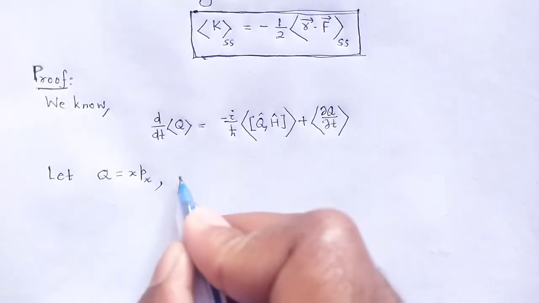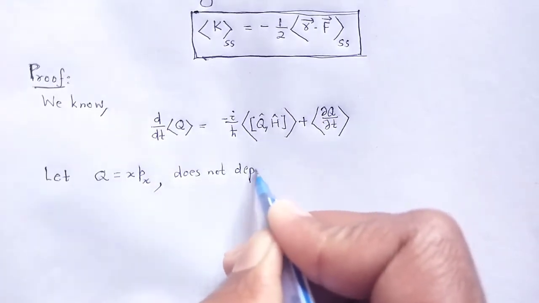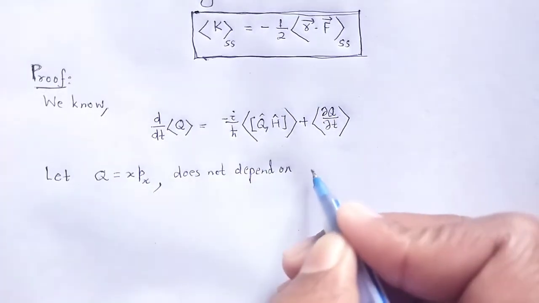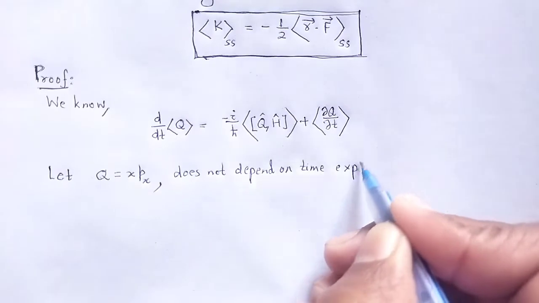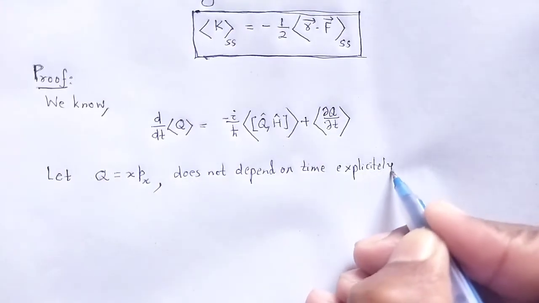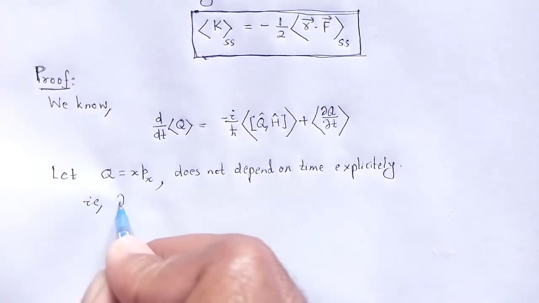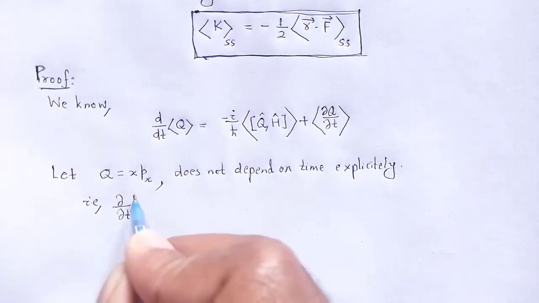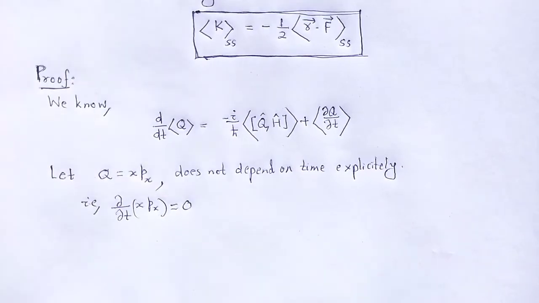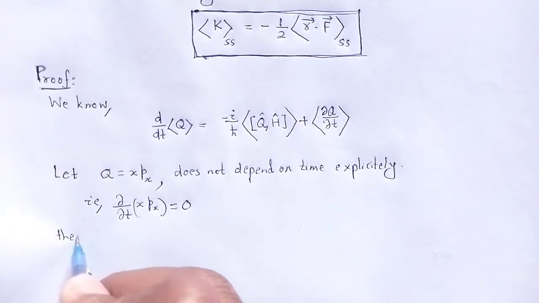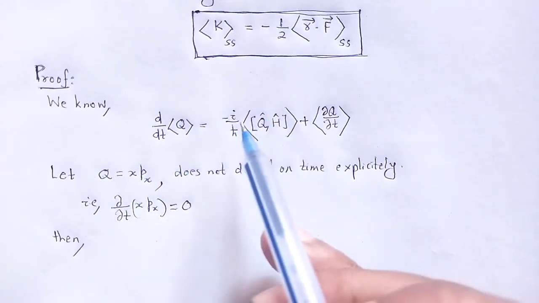That term doesn't depend on time explicitly, which means its differentiation with respect to time will be 0. Then just put x px for the q value.